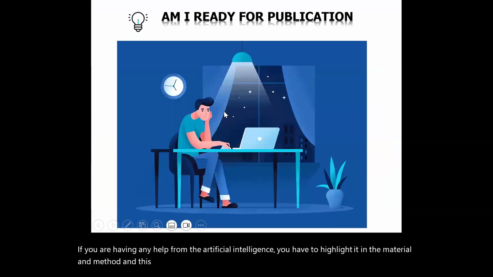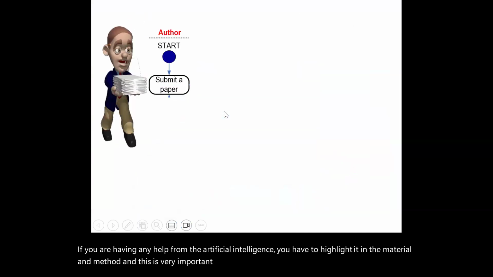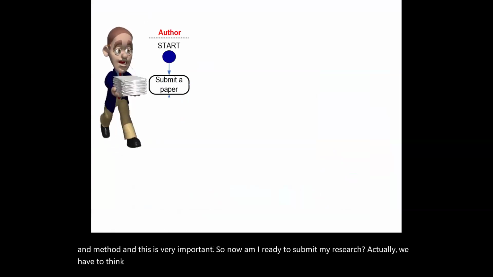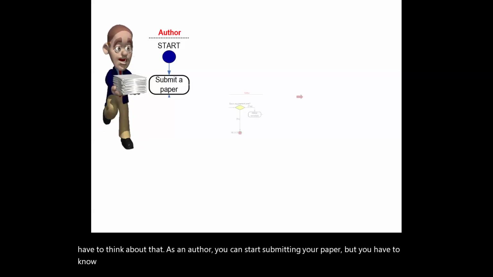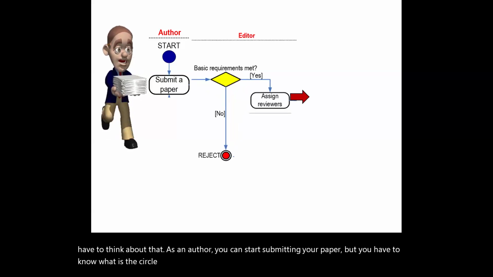So now, am I ready to submit my research? Actually, we have to think about that. As an author, you can start submitting your paper, but you have to know the cycle of reviewing your research. Number one, your paper will be received by the editor.